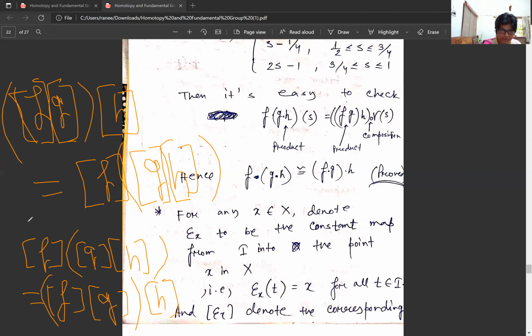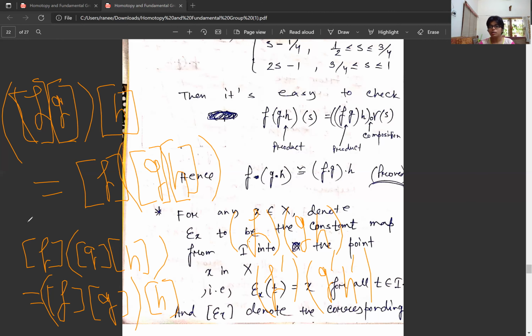If I have f and g and h, and if I can define their product, then if I choose one representative f of g of h, and another representative f prime, g prime, h prime, where f is homotopic to f prime, g is homotopic to g prime, h is homotopic to h prime, we can actually see that these are well defined.